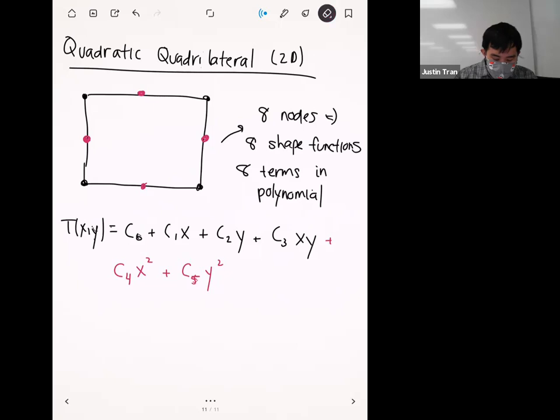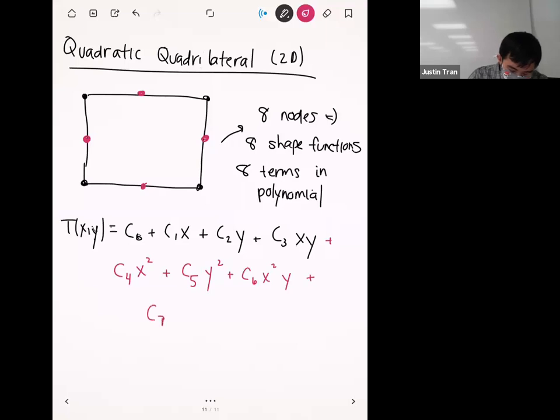Both of those are quadratic, because if you take the partial derivative of c4 x squared with respect to x, then that term still maintains an x value. We need 4 more terms, and so we also are going to have c6 x squared y plus c7 y squared x, and those are our 8 terms.